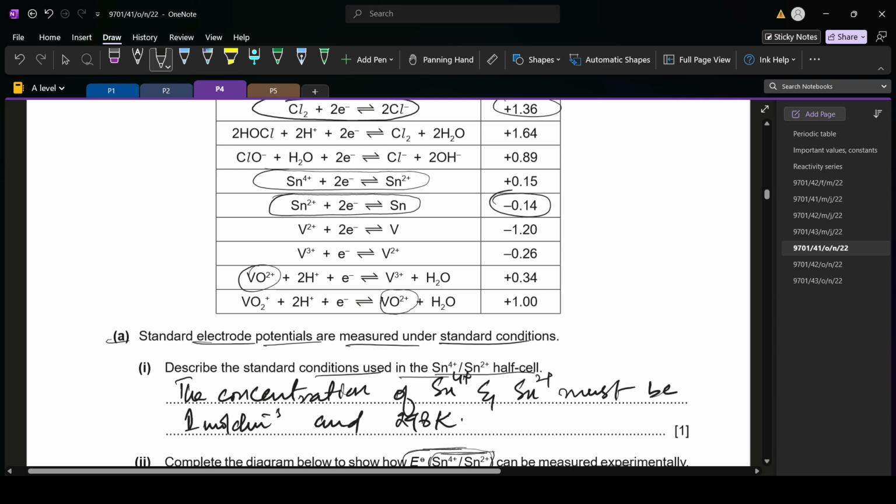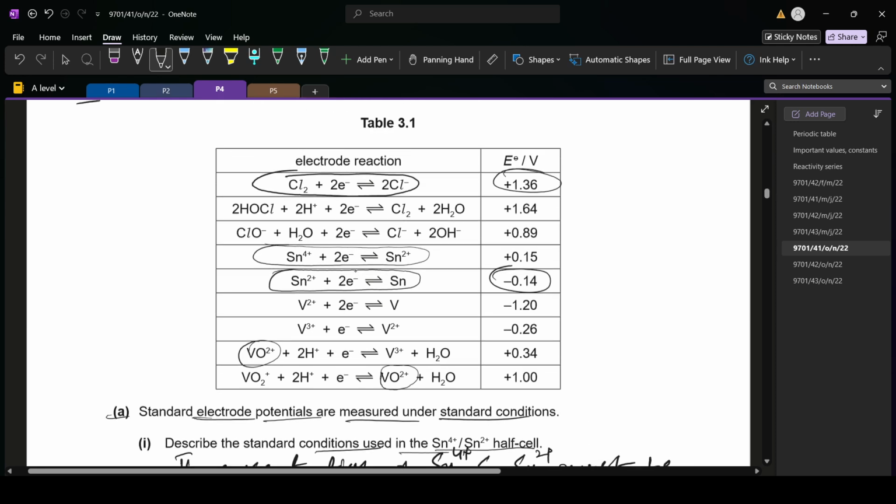So which of these equations will you use? You will use the equation which has a higher reduction potential than the reduction potential of this half cell, because this is oxidized, so the other will reduce. In this equation the VO2+ ions have to be reduced to V3+ ions.